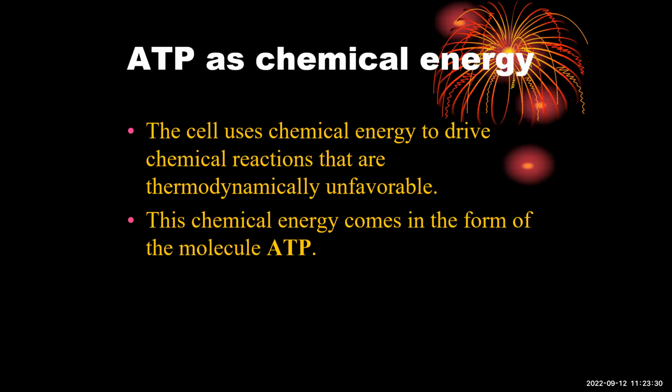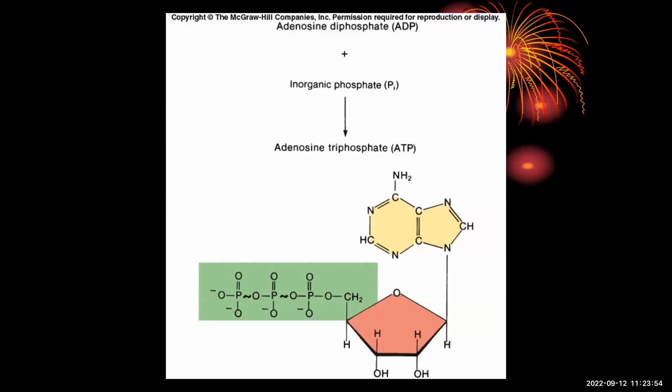The reaction used in cells is the hydrolysis of ATP. You add water across the phosphoanhydride bond and get ADP, adenosine diphosphate, plus inorganic phosphate. That reaction is favorable, and by coupling it with less favorable reactions, you drive them.